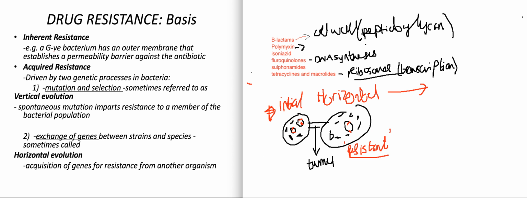Now vertical is simply the opposite. So it's the cell with a circular plasmid.